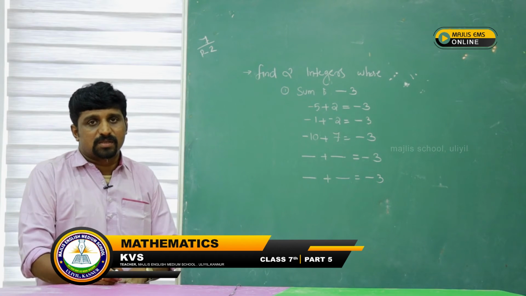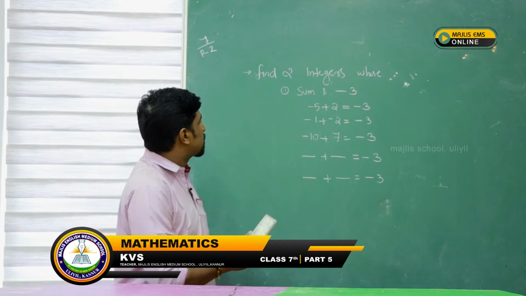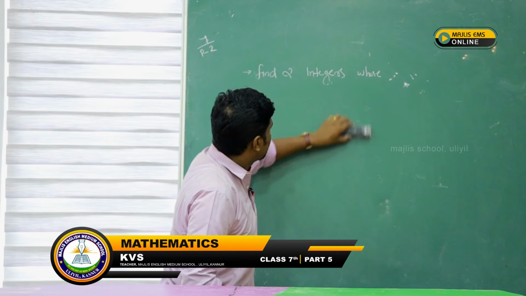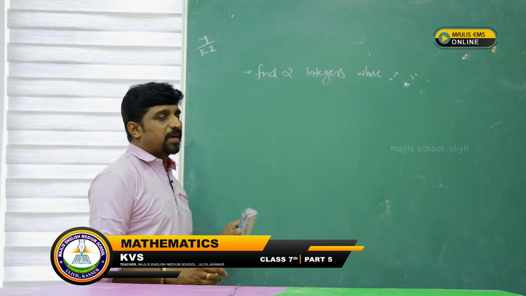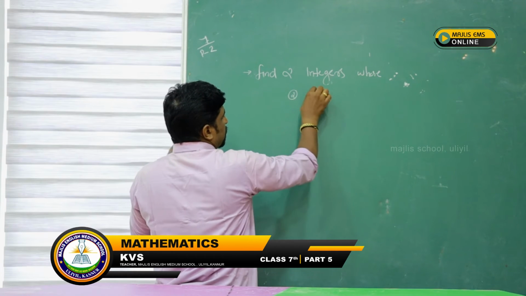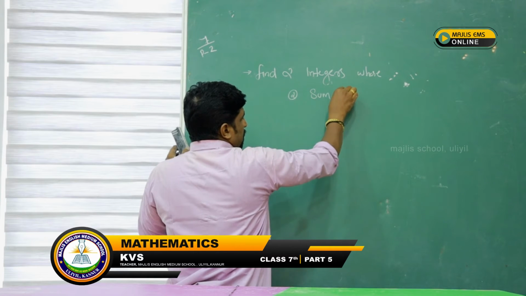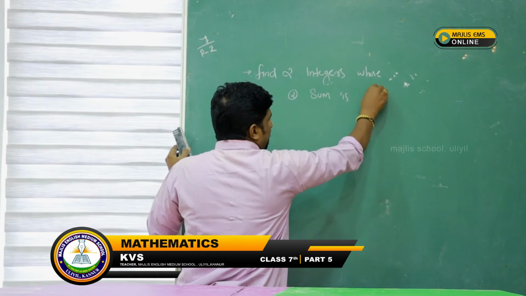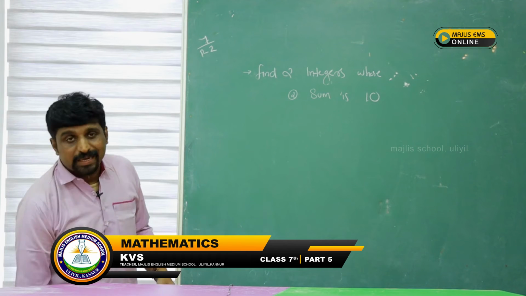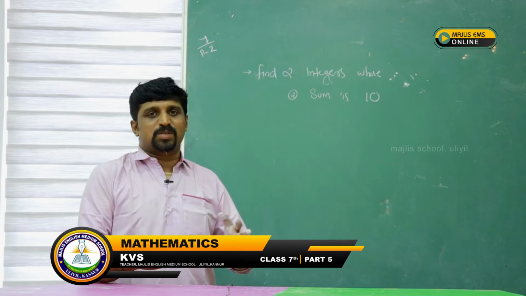The question is like this. Clear? Okay, the next question. Find two integers whose sum is 10. Integers means positive numbers and negative numbers, all are possible.